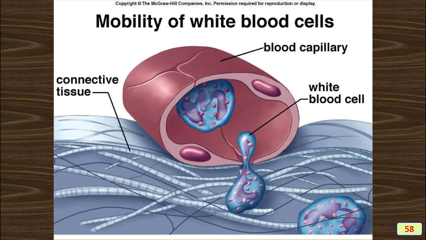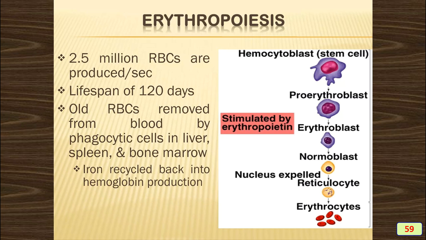So there is connective tissue and the white blood cell, then blood capillaries are present here. Erythropoiesis takes place in bone marrow, then ultimately the nucleus is expelled, then reticulocytes and erythrocytes will be present finally.